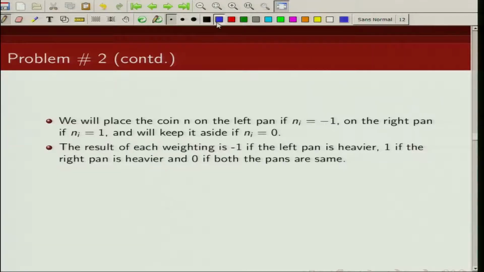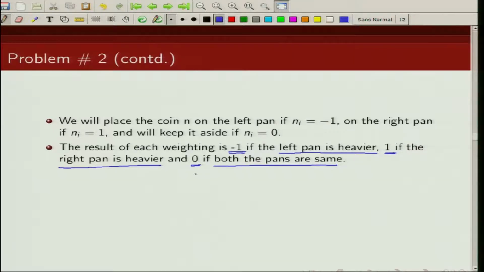Now, the claim I am making is, if the result of each weighing is minus 1, it means the left pan is heavier, and if the result of weighing is 1, it means the right pan is heavier, and if it is 0, then both the pans are of same weight.